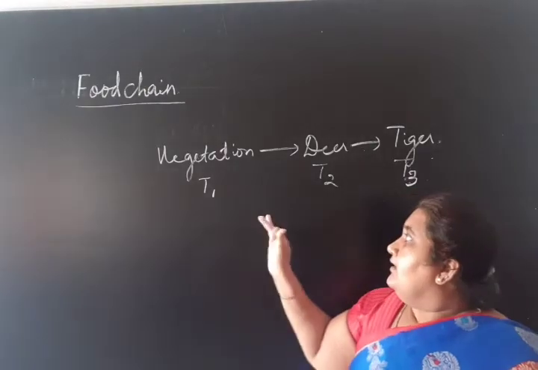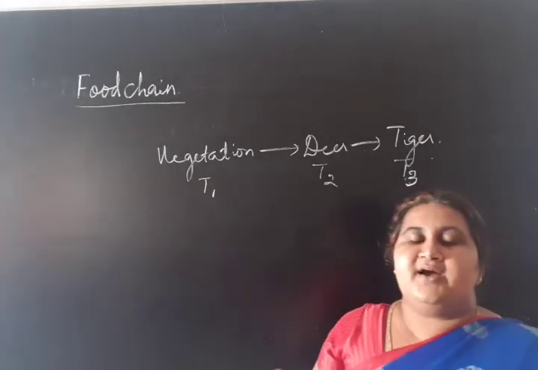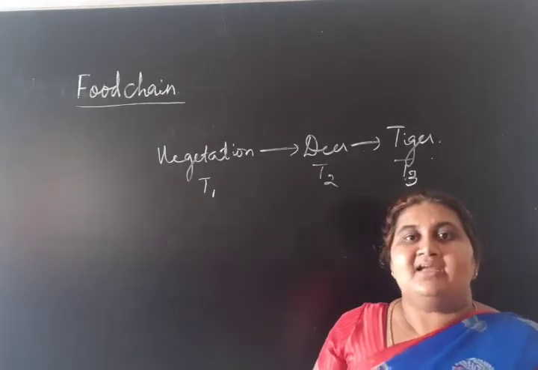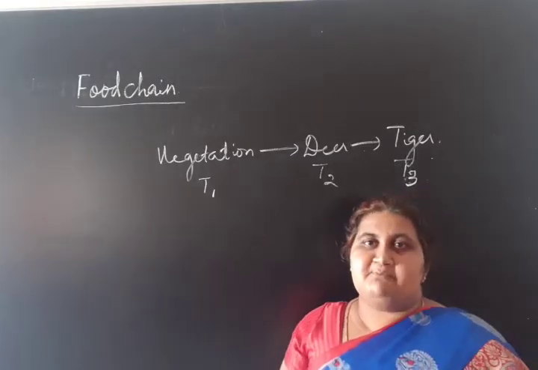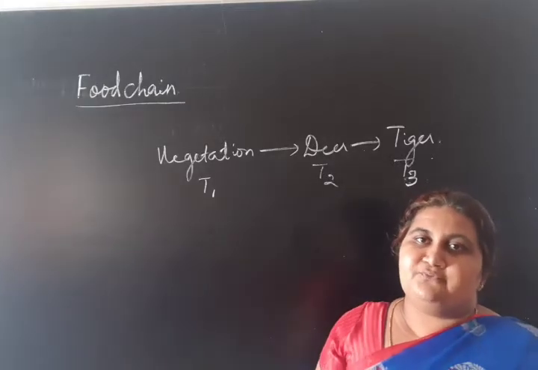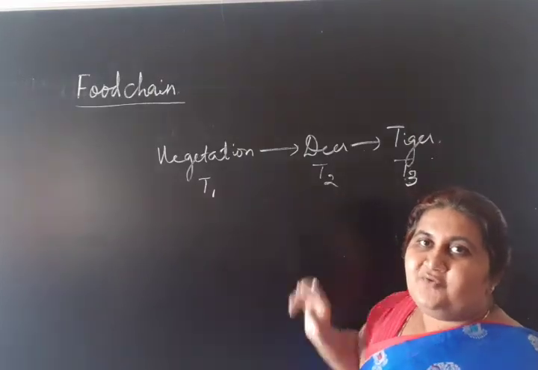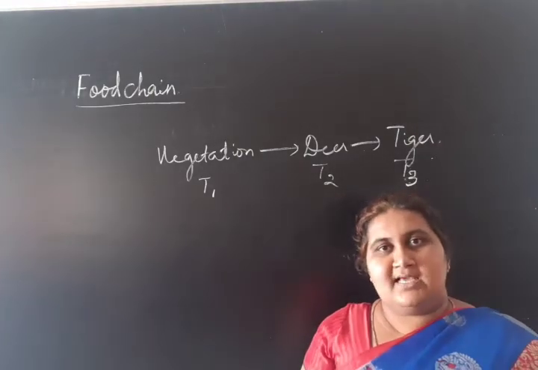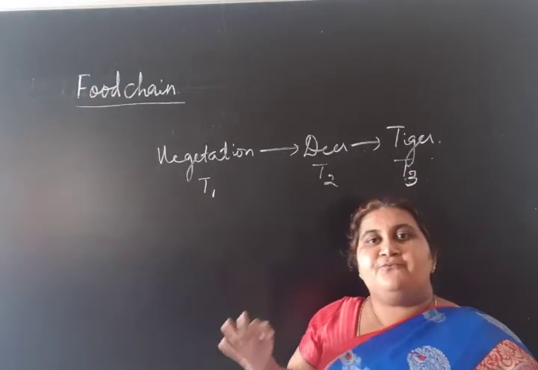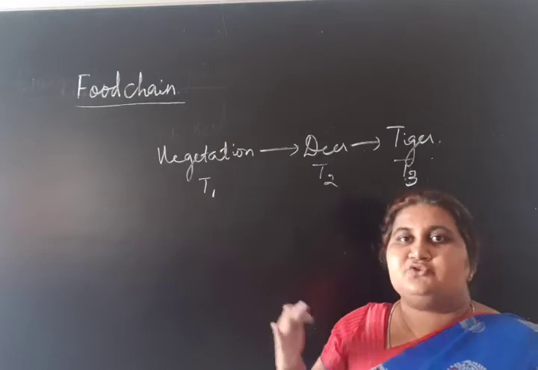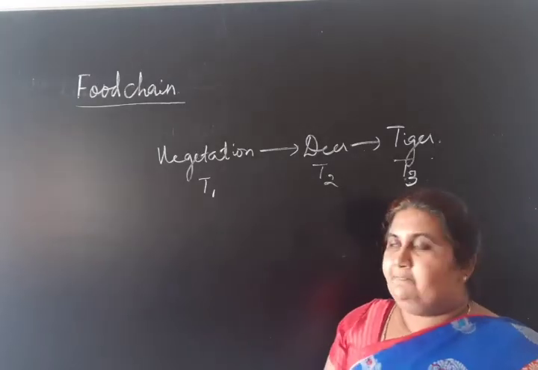In a food chain there are usually 4 to 5 trophic levels, maximum. The shorter the food chain, the less the wastage of energy. If it is a longer food chain with a maximum of 5 trophic levels, the wastage of energy will be higher.